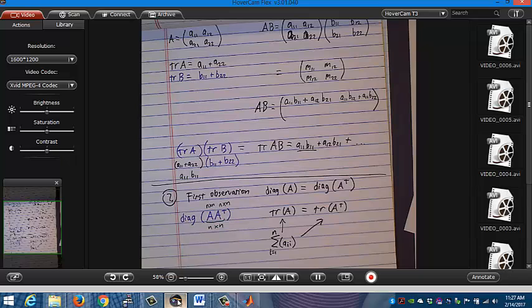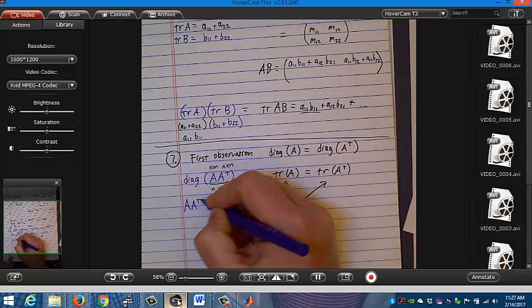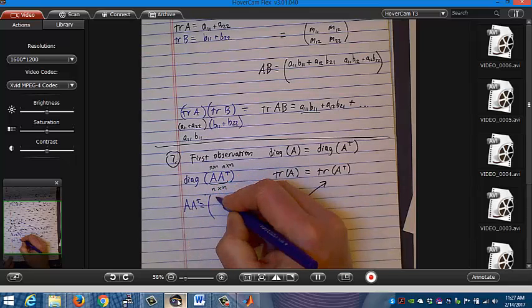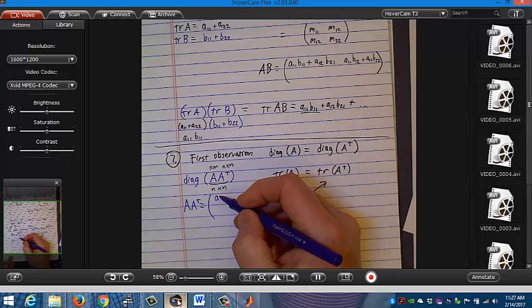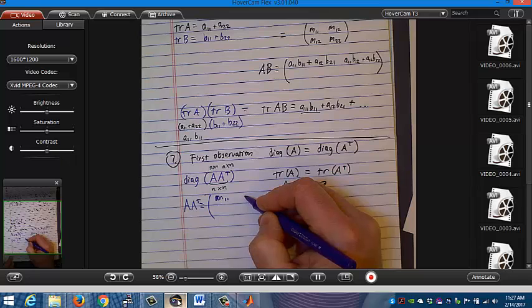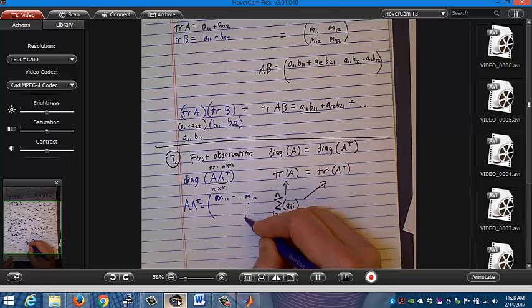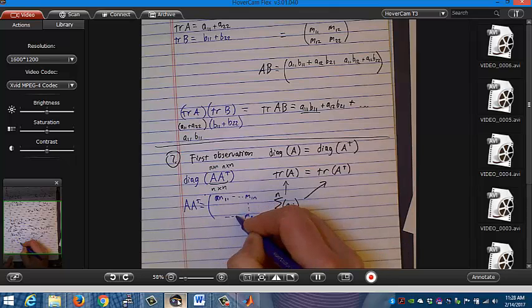If I do what I did before, let's talk about A transpose. What does it look like? Well, it has some element, I'll just call it M for now. M11 up to M1n, and then down to MNN would be the very last entry. This would be MN1, right?